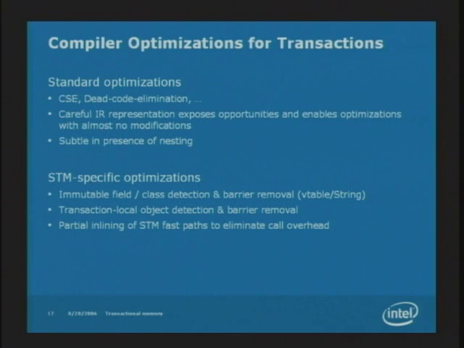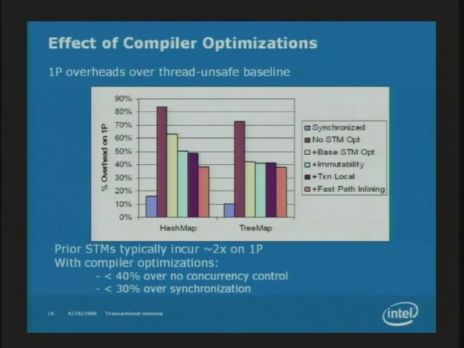And in that particular case, you again don't need to do any instrumentation. And of course, the last one, which is really important, is you want to inline all of the fast paths to get good performance. Now, when you add up all of those, you actually end up with a pretty high performance software transactional memory system running all by itself without any hardware support.